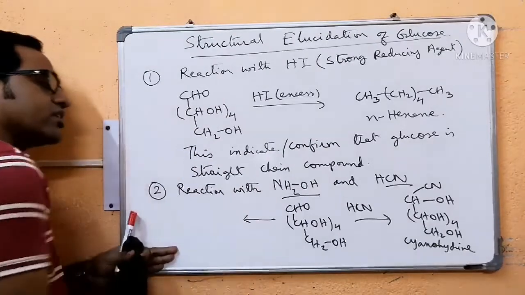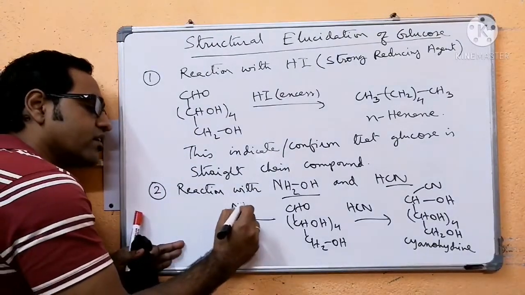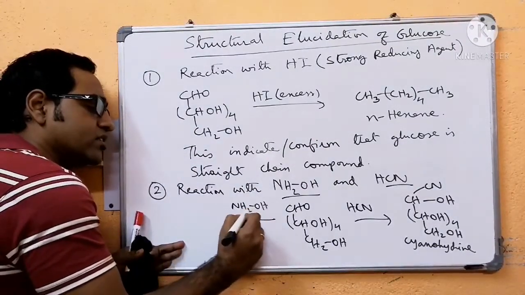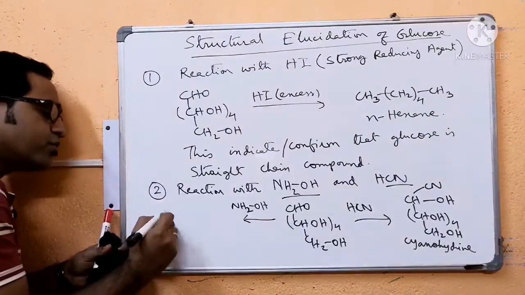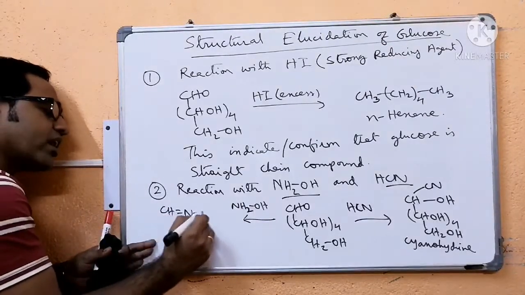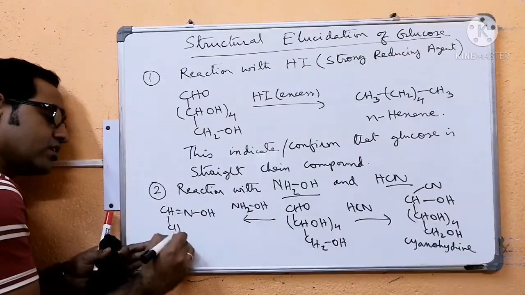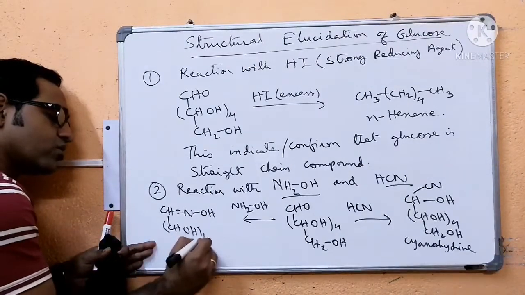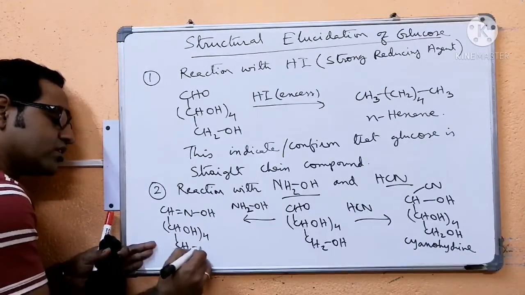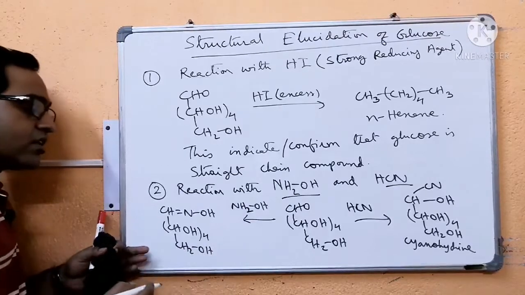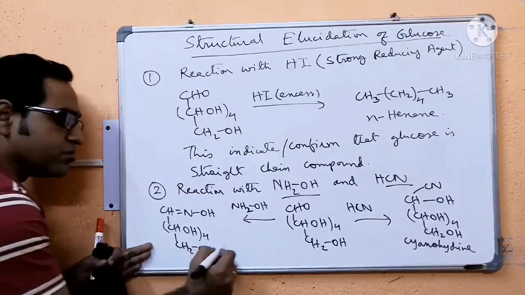If it reacts with hydroxylamine, NH2OH, then it produces CH double bond N OH, CHOH whole 4, CH2OH. This is called oxime.